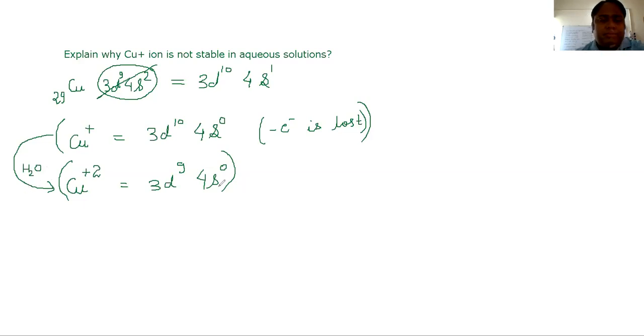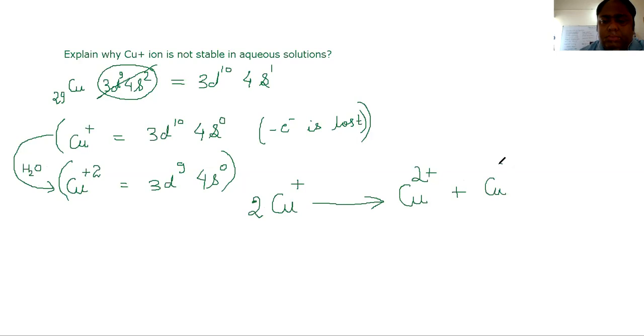Here is the question why. So what happens is 2 Cu plus disproportionates to form one Cu2 plus and one Cu0. Meaning thereby, if 2 Cu plus is there, one still has one electron.